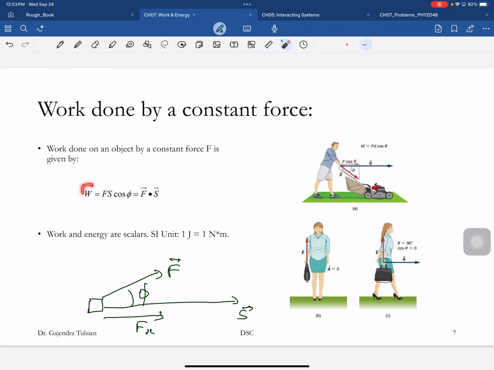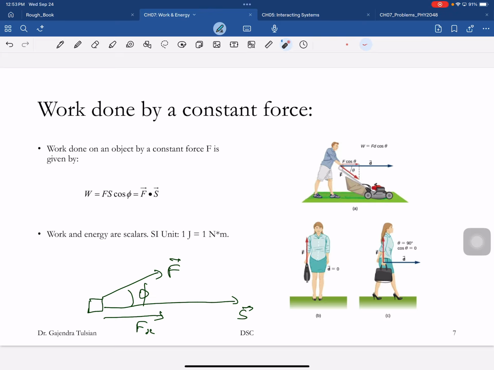All right, the units of work: forces are measured in newtons, displacement is in meters. What are the units for cosine phi? They're dimensionless. So it's newton meter. Newton meter is the unit for work done, and this is called a joule, after Mr. Joule.